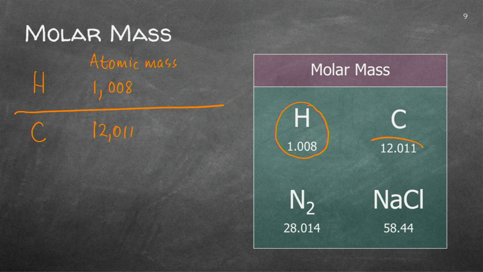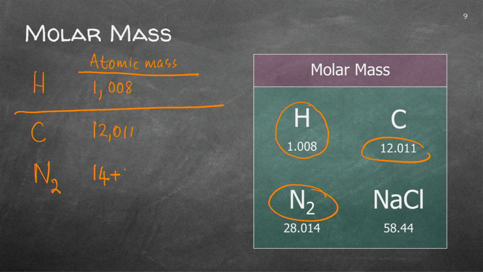Can you see I'm taking that and I'm saying that's an atomic mass. Now, nitrogen, and you'll see nitrogen is actually 14, but can you see I gave you there the diatom? So it's two of these, which will be 28.014.